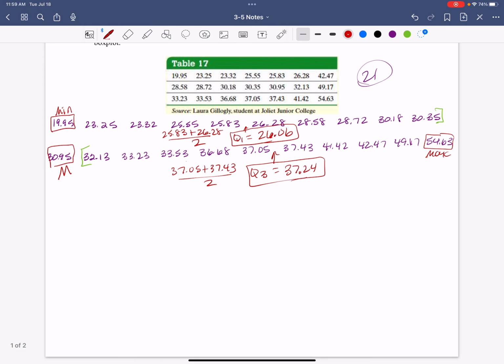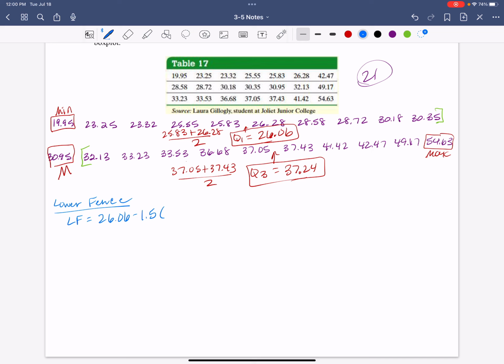All right, so let's figure this out. So we have our lower fence, and that's going to be, the lower fence will equal my quartile 1, which is 26.06, minus 1.5 times, ooh, my inner quartile range. We don't have that yet, do we? Well, let's get it right now then.